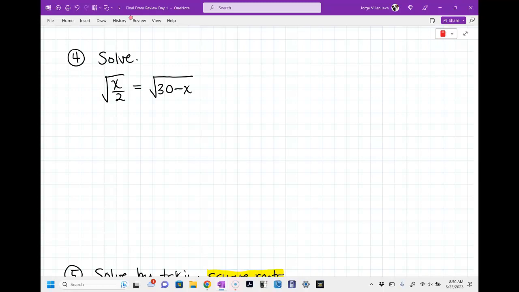If you look at this problem, what are the things that catch your eye right away? I think I heard someone say it. You guys think the square roots look kind of obvious, right? How do you get rid of square roots? You square. So what you're going to want to do is square. Get rid of those square roots. So I am going to square both sides.